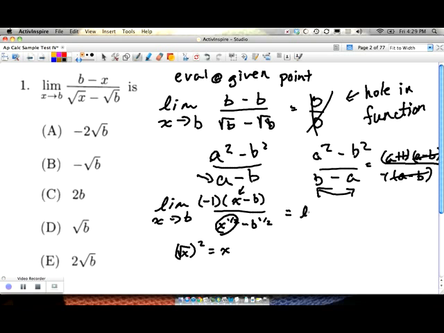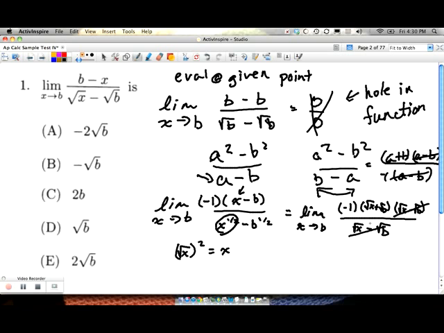So using that idea, I can rewrite this as limit as x approaches b, and I still have this negative 1. I can factor the top and I can factor the bottom. Well, I can't factor the bottom, I guess, but we've got square root of x minus square root of b. It doesn't really matter how I write it. But up top here I'll have square root of x plus square root of b and square root of x minus square root of b.